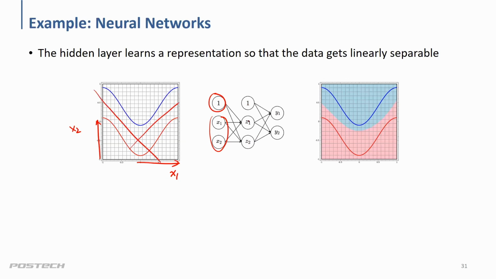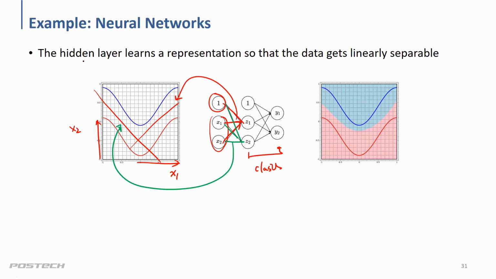From these I get one line, and from these combinations, probably I get another line. Then from here to here, I will do another classification.